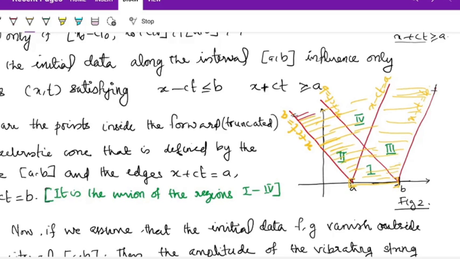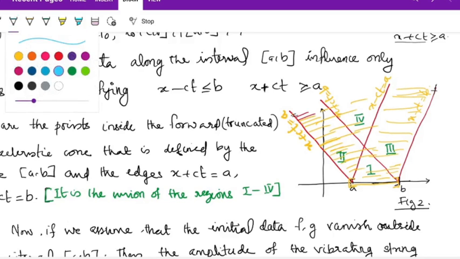So the points in this region that are influenced by the characteristics, the points (x, t) which satisfy x minus ct less than or equal to b and x plus ct greater than or equal to a, are the points inside this truncated characteristic cone, which is defined by the base, the closed interval AB, and the lines. We can see this.